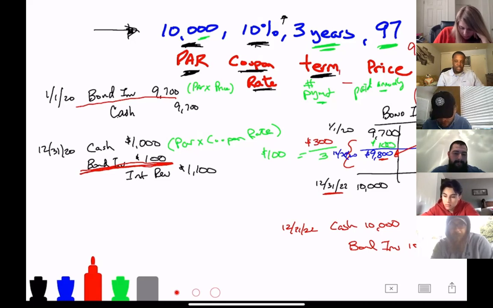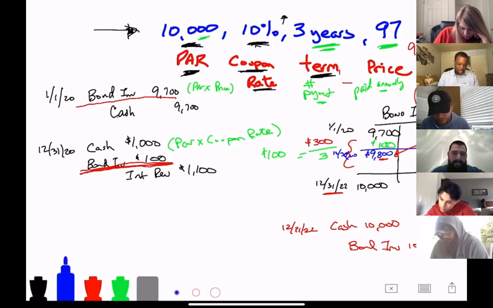Actually, that is an additional $100 in interest. Because remember, if we play this out to conclusion, we paid $9,700 for this investment. And then when it's all said and done, we're going to get $10,000.